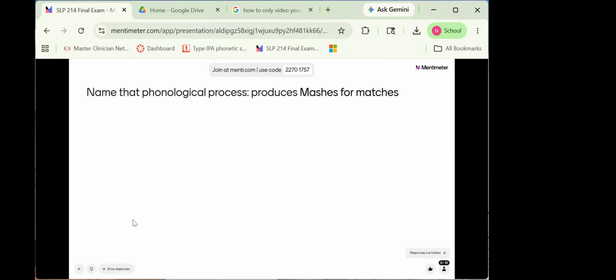Name that phonological process. Produces mashes for matches.